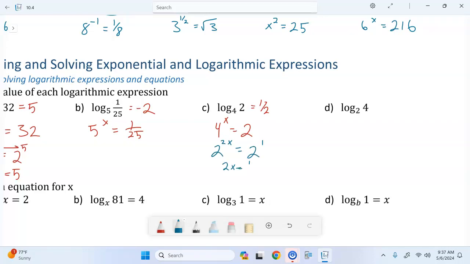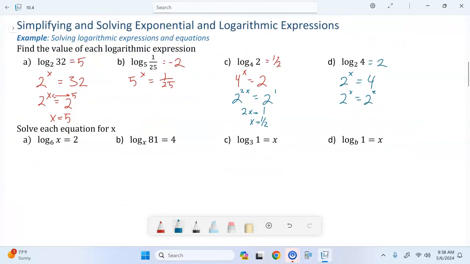So 2x has to equal 1. X equals 1/2. Log base 2 of 4, what does that evaluate to? Equals 2. 2 to the x equals 4, 2 squared, and we see that uniqueness.